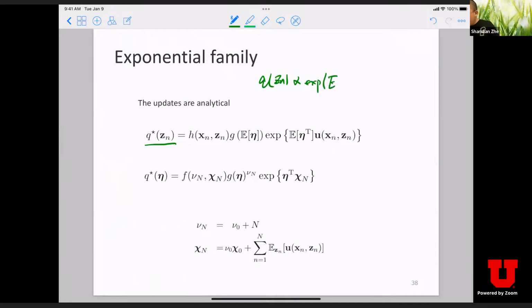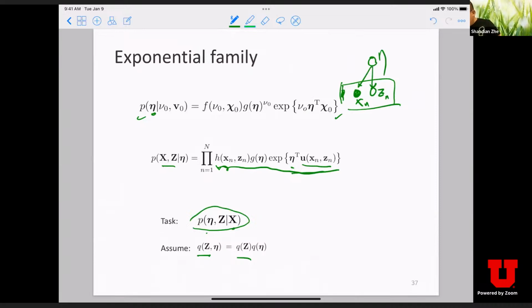If you look at the logarithm of the joint probability, it contains the prior of eta and the likelihood, and the prior of eta actually doesn't contain z at all. It is constant with respect to z, so you can just throw it out because during normalization it cancels. So what you need to do is just take the logarithm of the likelihood and then take the expectation under eta.